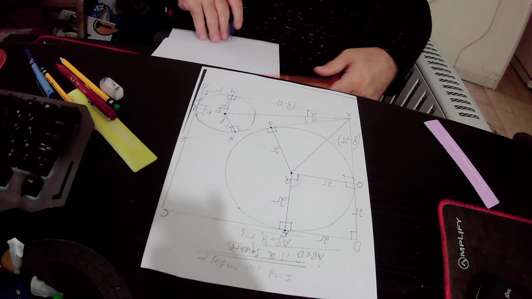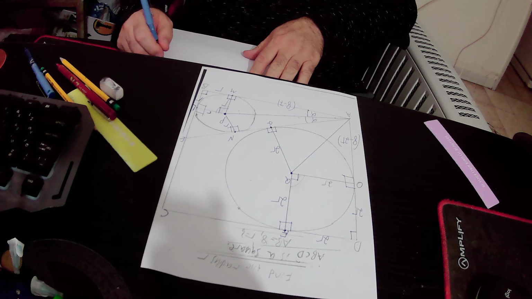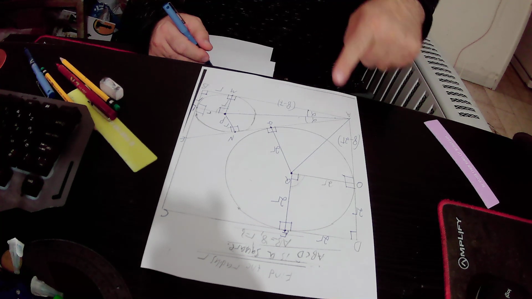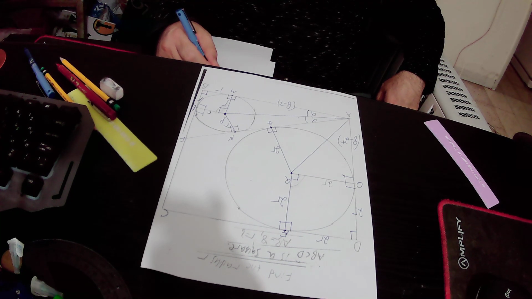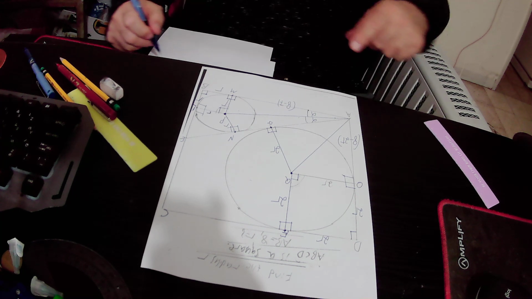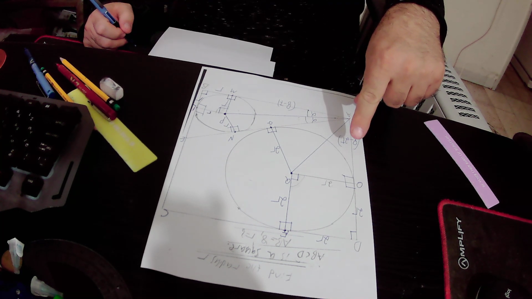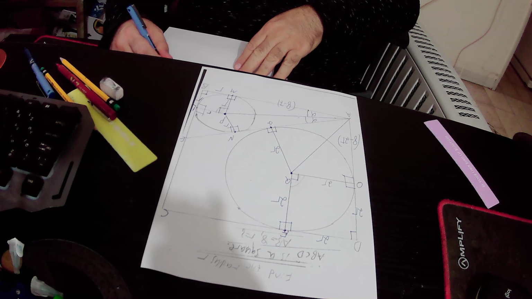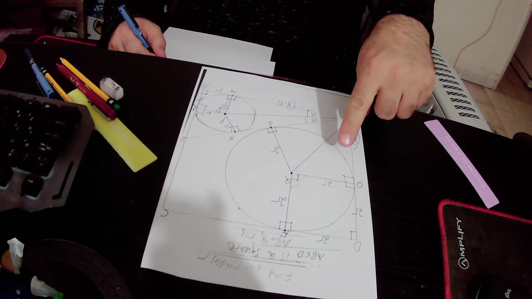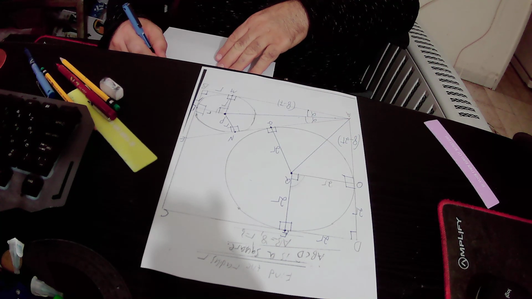So we will focus on the right triangle AQG and the right triangle AQO.